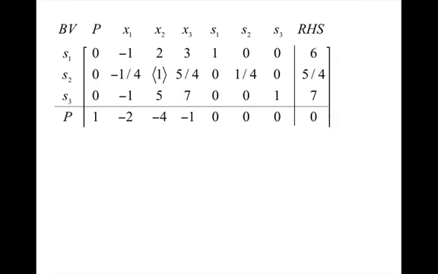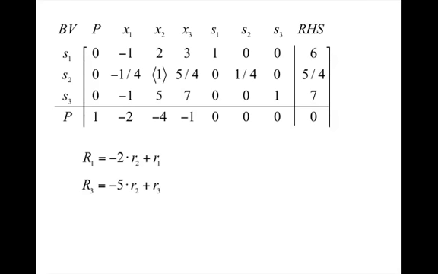Now that I have my 1, I need to make the 2, the 5, and the -4 become zeros. To make the 2 become a 0, I'm going to change its sign to a -2, multiply by row 2 because that's the row that has the 1, the pivot element, and then add that to row 1 because that's the row I want to change.